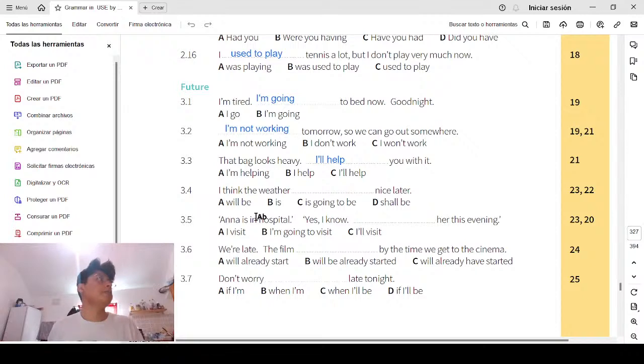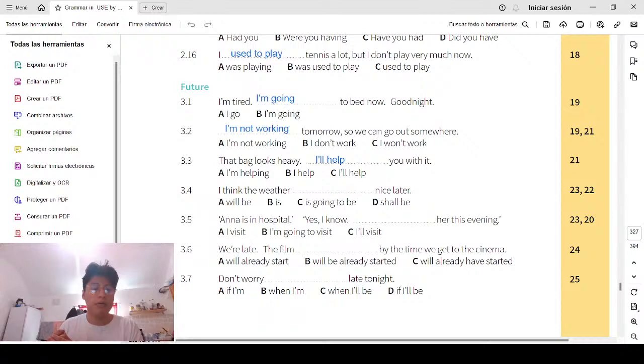Basically, when I use will, it's a decision that I take now, but it influences the future. For example, I help you. It's a decision that I take now. It's like, oh, check it out, maybe that bag looks heavy, so I help you. It's like a decision that I take now, right?